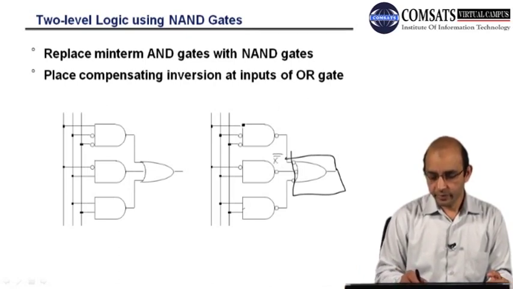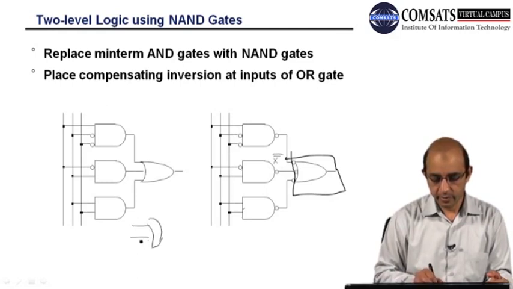So we have the OR operation with three inputs, and those three inputs are already complemented, so we will place bubbles. If we have A, B and C over here, we have A bar plus B bar plus C bar.